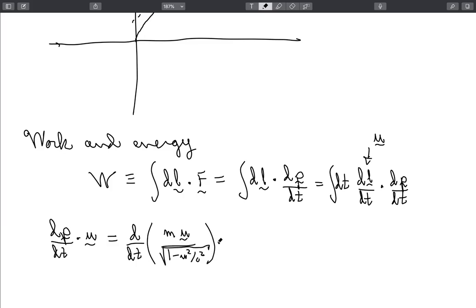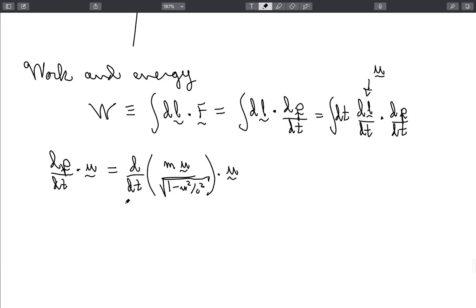Okay, and that has to be dotted into u. So let's try to do this step by step. Maybe I'll just do it term by term. There are two different terms that come here. First of all, I can just factorize the m out completely.